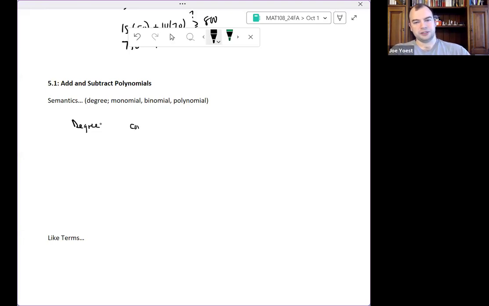So the degree of a constant is 0. So if I have a polynomial like 3, this is an extremely simple polynomial, kind of a degenerate polynomial. Its degree is 0.